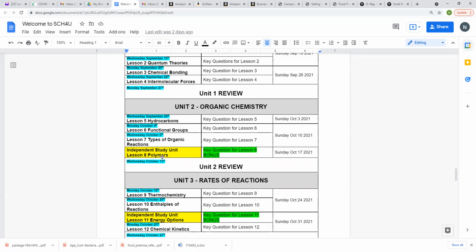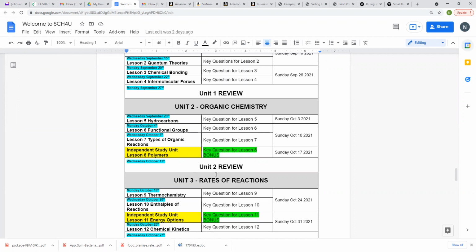Then our next lesson on polymers, this is an independent study unit, guys, which means that you can study this on your own. I will provide you with the slides that you can look at and study. And then on Wednesday, so we don't have any class on Monday, it's Thanksgiving, but on Wednesday, I will do a unit 2 review.